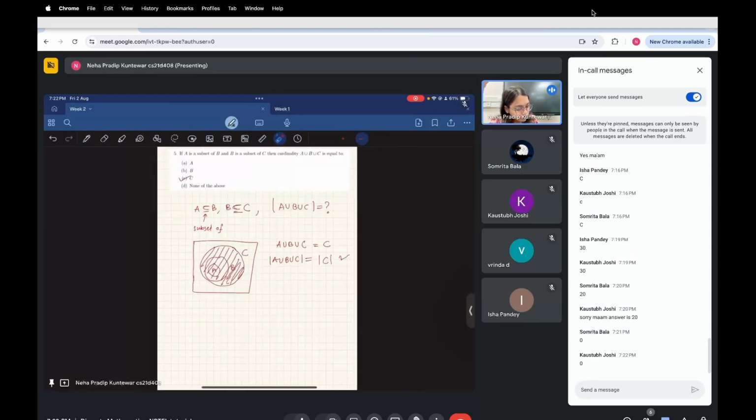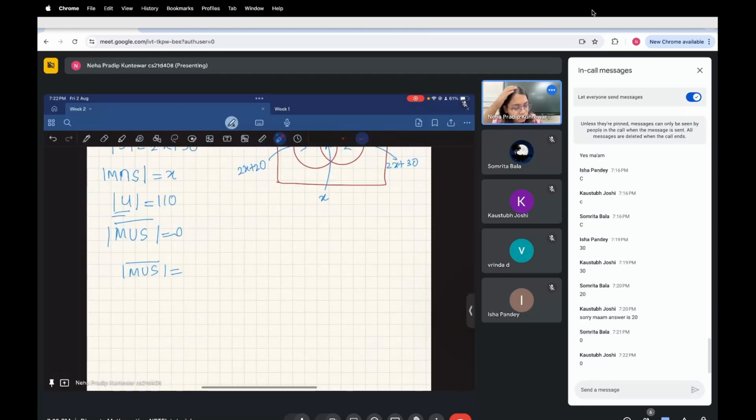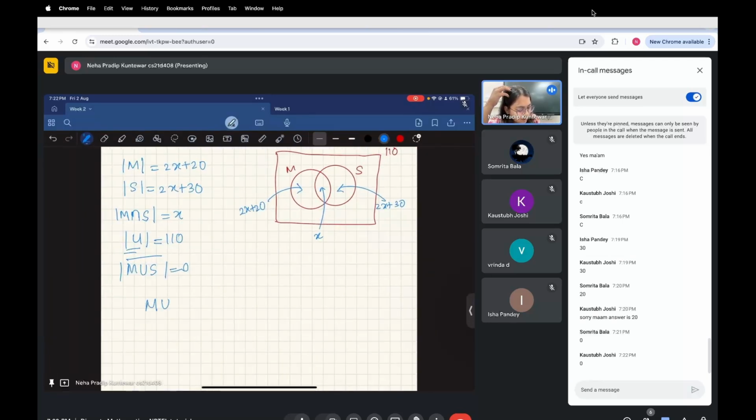So the complement of M union S is nothing but M bar intersection S bar. This is what you have from De Morgan's law.